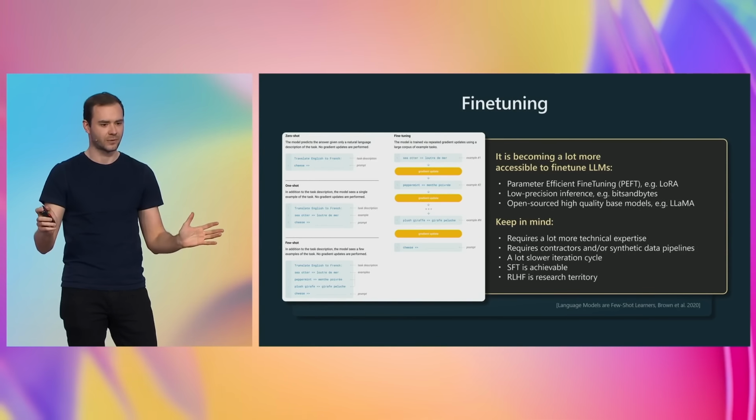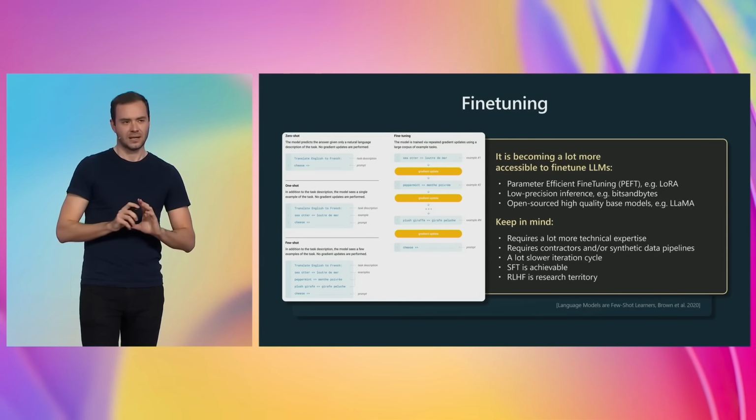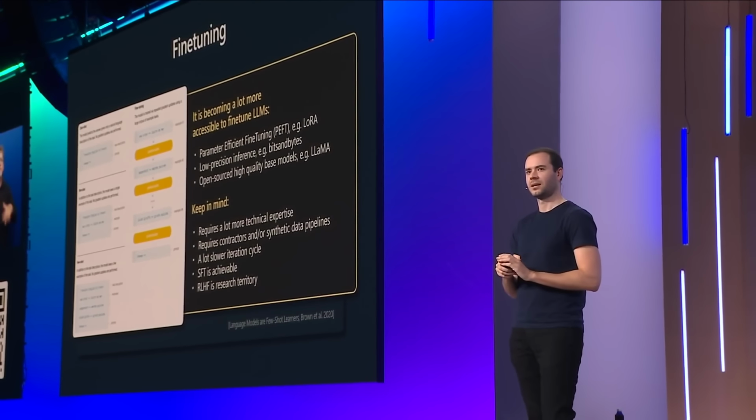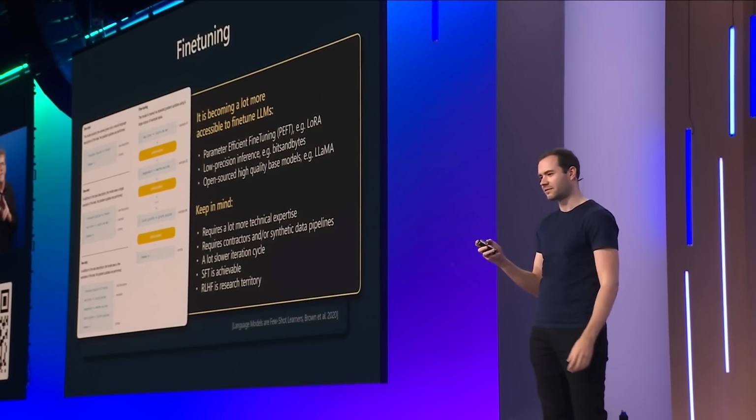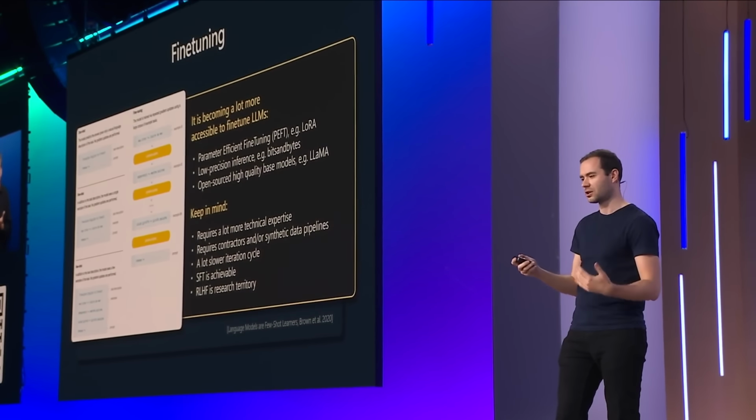It's relatively straightforward. But RLHF, I would say, is very much research territory and is even much harder to get to work. And so I would probably not advise that someone just tries to roll their own RLHF implementation. These things are pretty unstable, very difficult to train, not something that is very beginner-friendly right now, and is also likely to change pretty rapidly still.